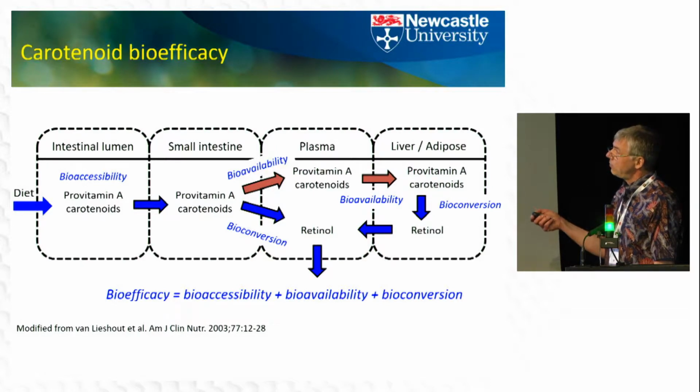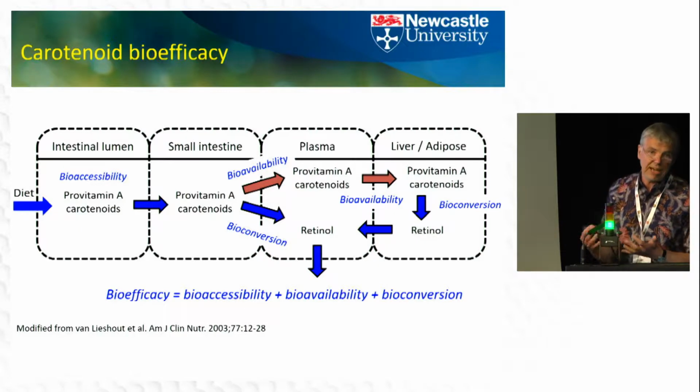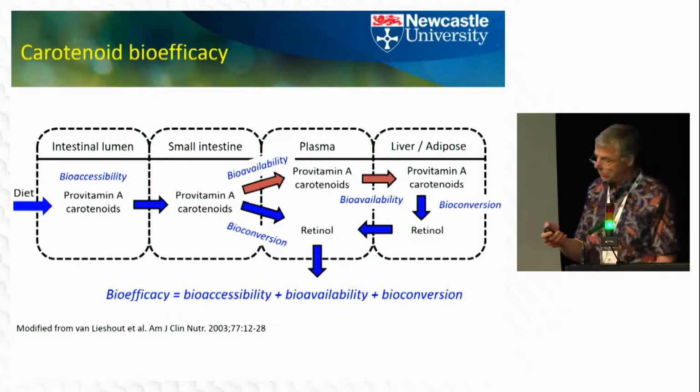Then depending on the compounds you're looking at, you have either just lutein that just gets across into the plasma, or when it comes to the provitamin A carotenoids, they need to be converted as well to a certain extent. And we see this happening anywhere between 50% to 90% of the absorbed carotene is converted.